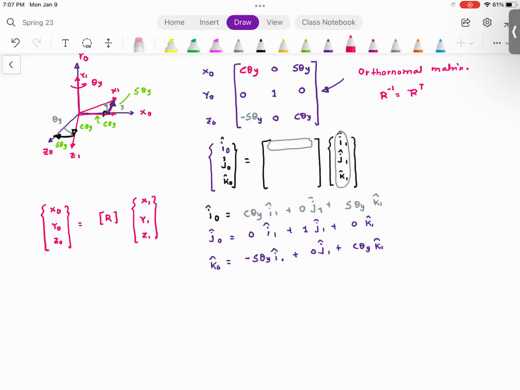Do you agree with me? This is exactly what we have. We have i0, j0, k0 here, and i1, j1, and k1 over here, right?